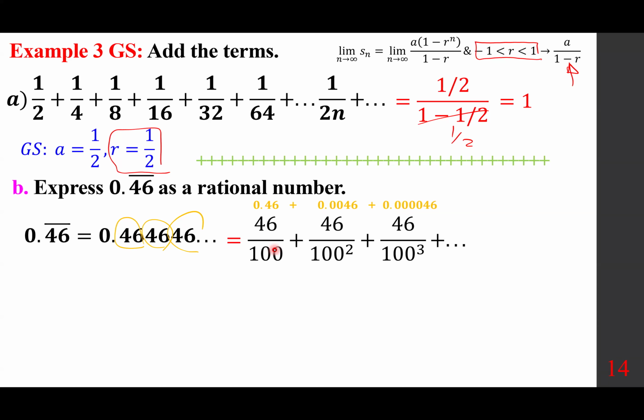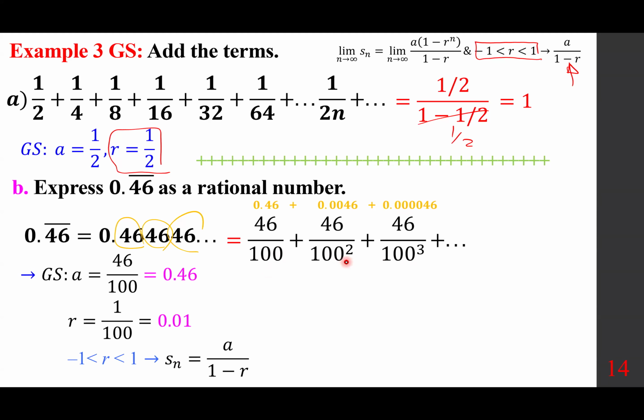is that this is being added. So we are dealing with a geometric series, because the first term, a, is 46 over 100 or 0.46. And r, look at the denominator: 100, 100 squared, 100 cubed. So it's being multiplied by 1 over 100, or 0.01.